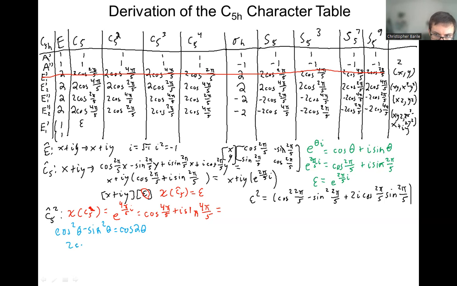And 2 cosine theta times sine theta equals sine 2 theta. And so this ends up simplifying to, we have a cosine squared something minus a sine squared something. So that's going to be cosine 4 pi over 5. And this part ends up being i sine 4 pi over 5.